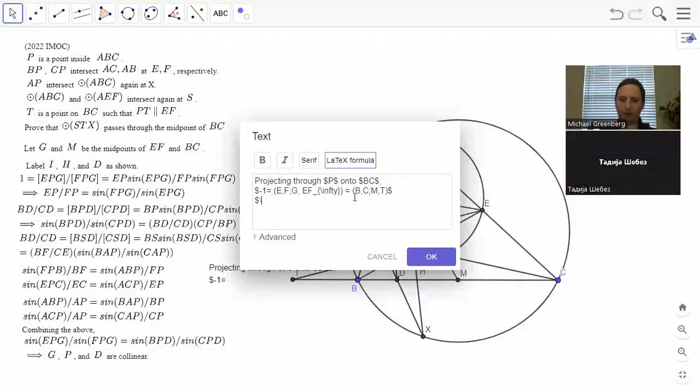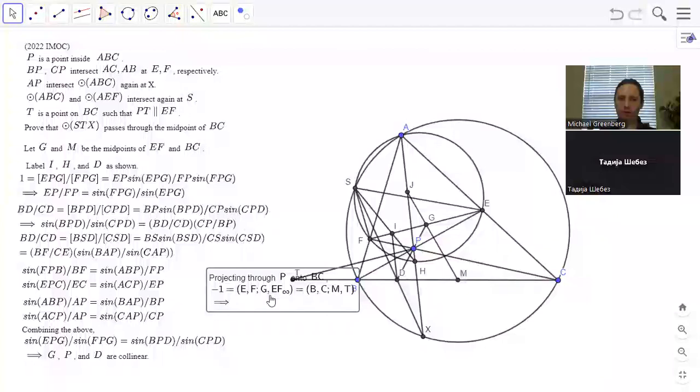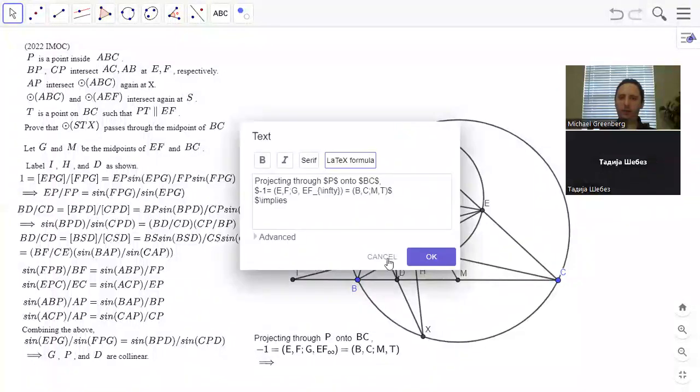And that means that DM times DT equals DB times DC, which is equal to DX times DS.